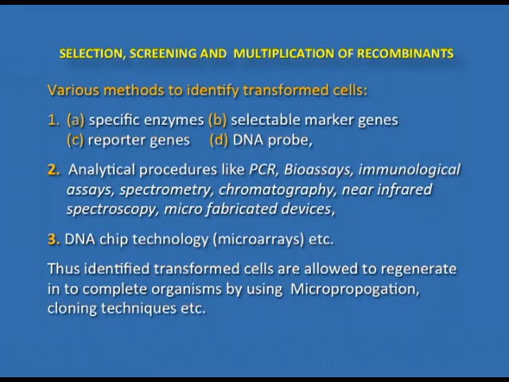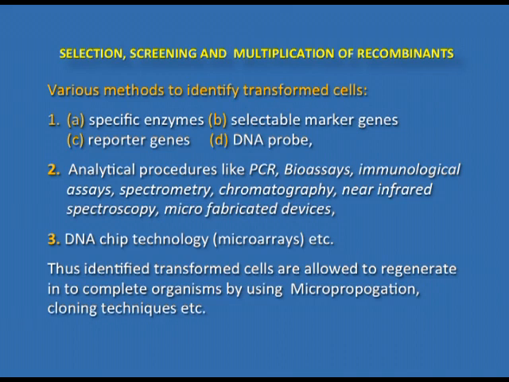Now, after the desired gene is multiplied, there are 3 steps: selection, screening and recombinant multiplication. There are various methods to identify the transformed cells. Basically, there are 3 procedures. The first is the use of specific enzymes, called selectable marker genes or reporter genes, which help in identifying whether the desired gene has been incorporated into the target or not.